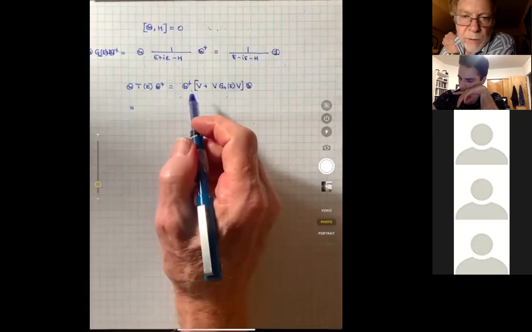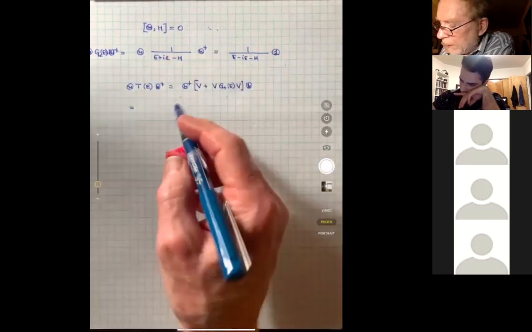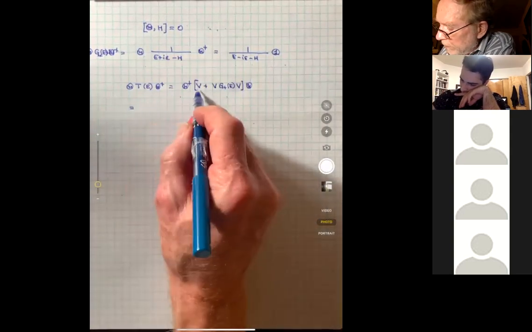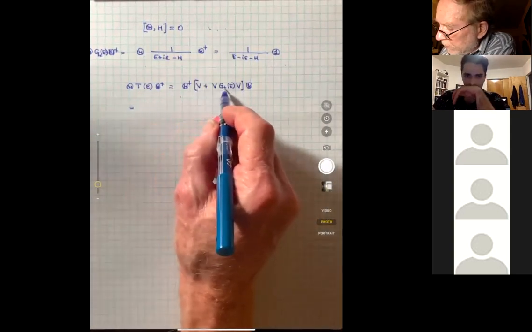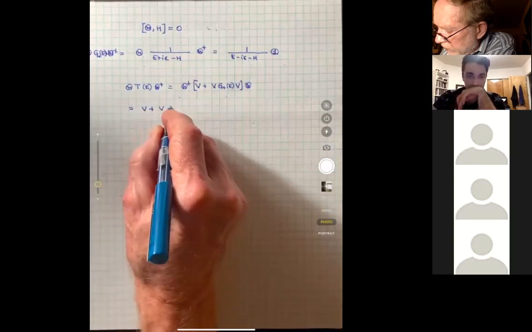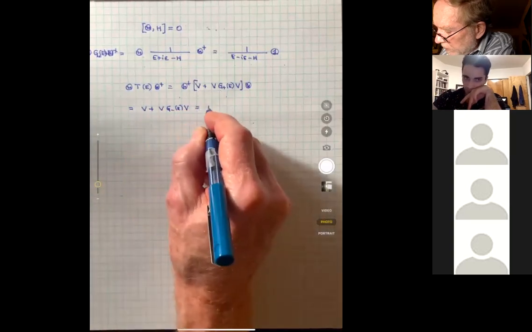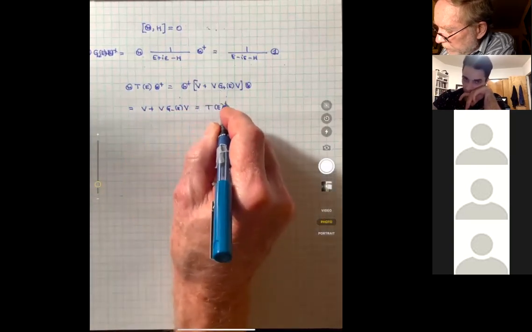If it were a real potential V of X or something, it certainly would. We are assuming it commutes with a Hamiltonian. So the V just goes right through, but the G plus gets converted into a G minus. So this becomes V plus V G minus of E times V. And this is the same thing as T of E dagger, as I just showed you a minute ago.